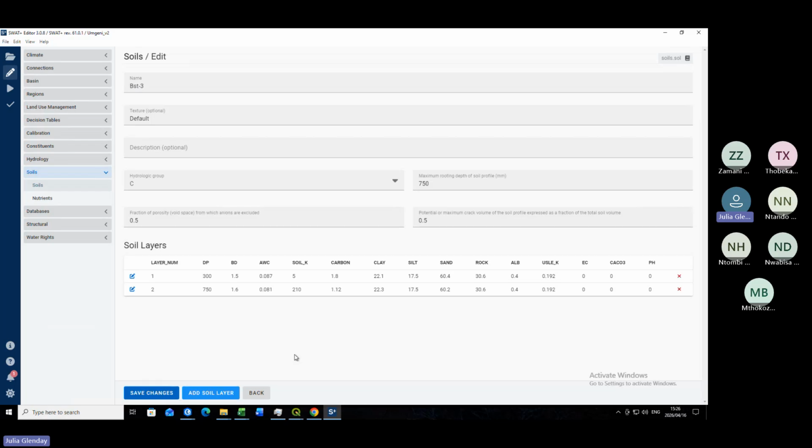It would reduce the stream flow to some degree, if more of it is allowed to flow downwards into the groundwater recharge, and then it could increase your groundwater outflow as well. So you modify different elements of these parameters to try and get the base flow versus storm flow to match better what we're seeing on the ground, within reason.